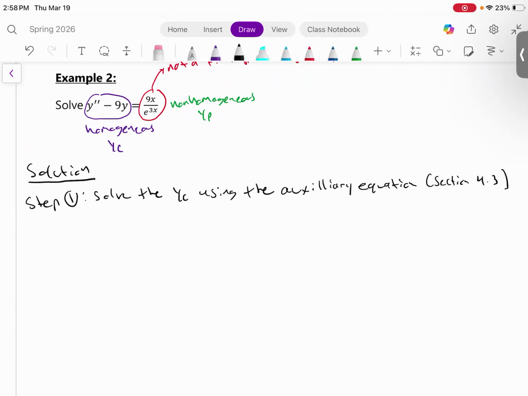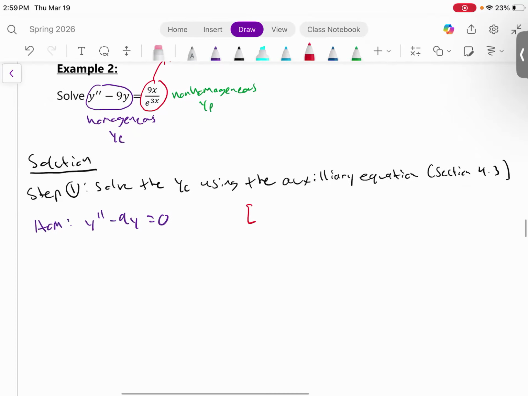And so the homogeneous component that allows us to solve this characteristic equation is y double prime minus 9y equals 0. Because remember the standard form for a constant coefficient homogeneous differential equation is a y double prime plus b y prime plus c y equals 0.